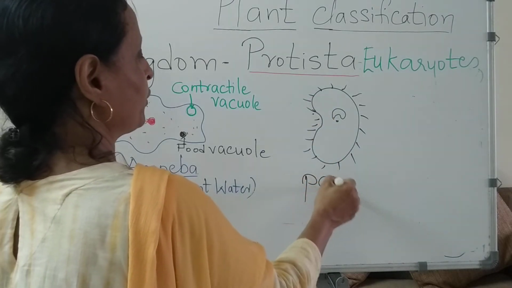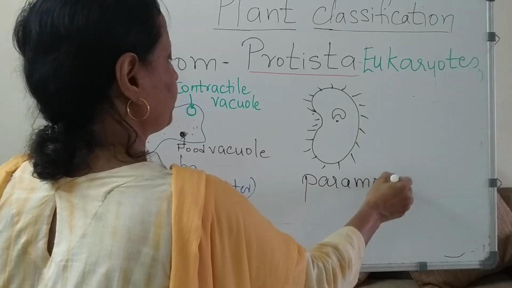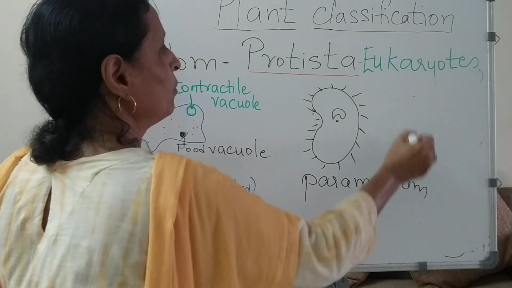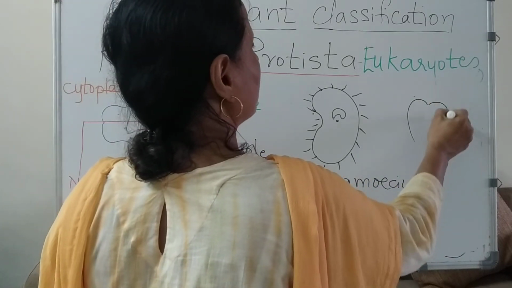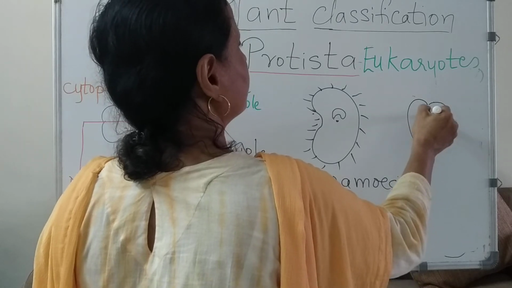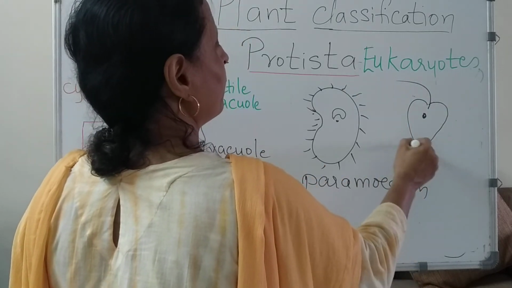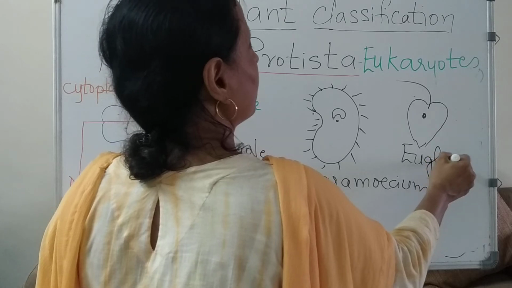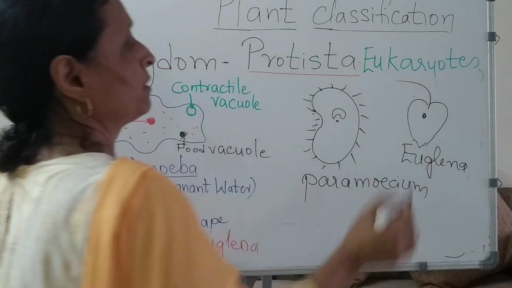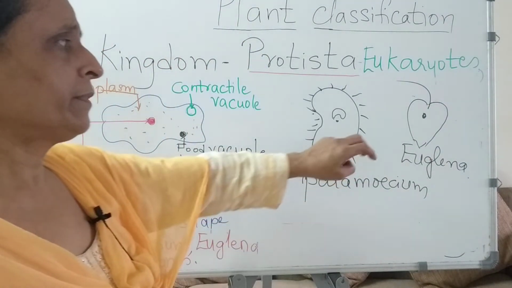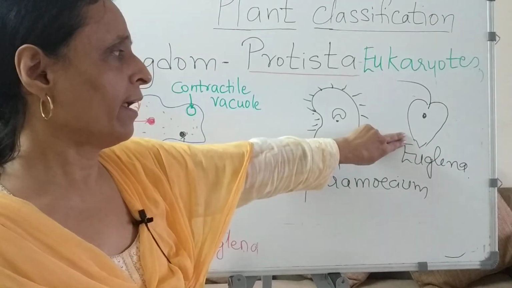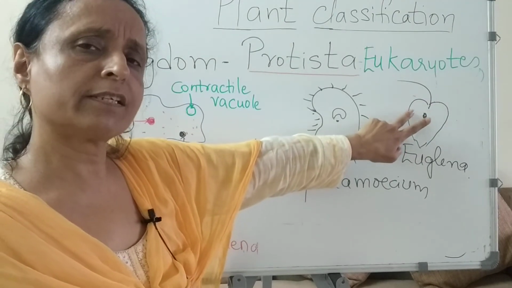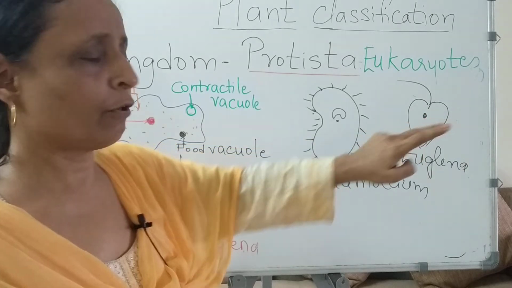This is paramecium. Then Euglena. Euglena has got flagellae and it has got chloroplast by which it can carry out photosynthesis. Now, sometimes if sunlight is not present, it will exist on the organic substance also.